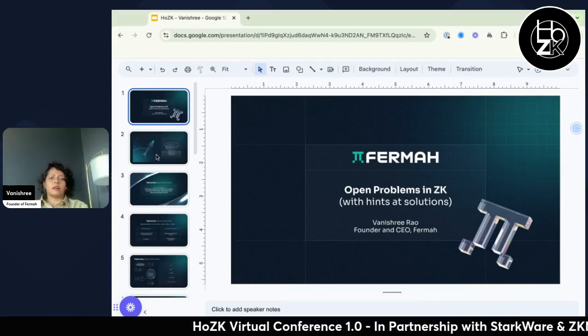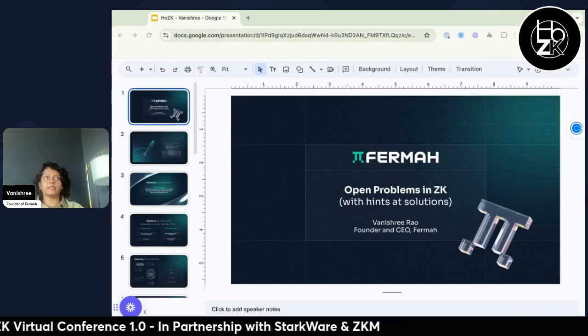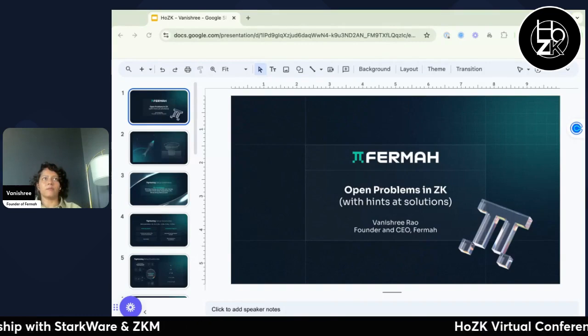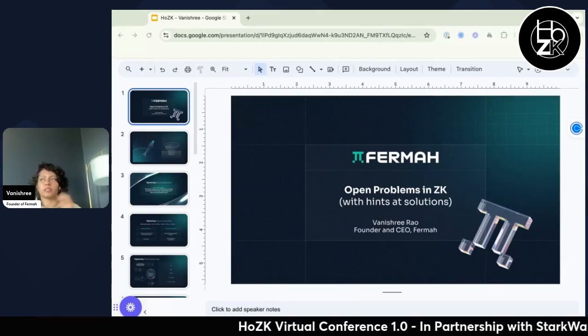Think of our ZK space as something that is definitely moving at breakneck speed.